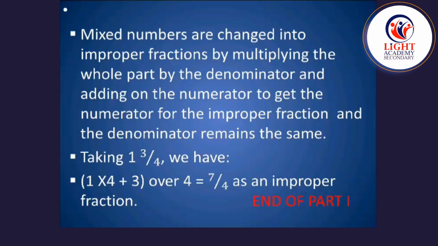Taking 1 whole number, 3/4, the 1 whole is multiplied by 4, which is the denominator. Then we add 3, which was the numerator, and everything is divided by 4. This then gives us 7 out of 4, which is the improper fraction.